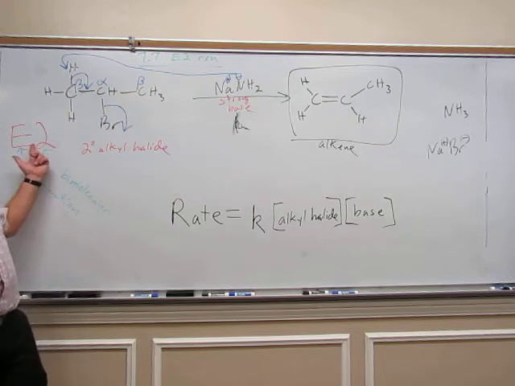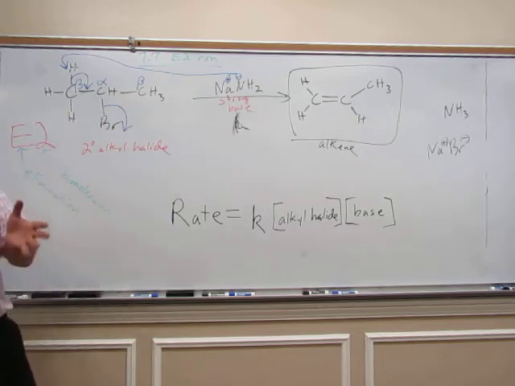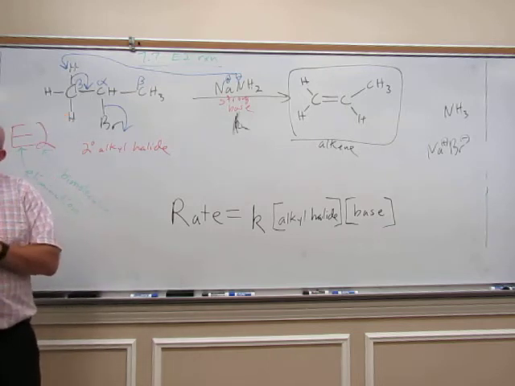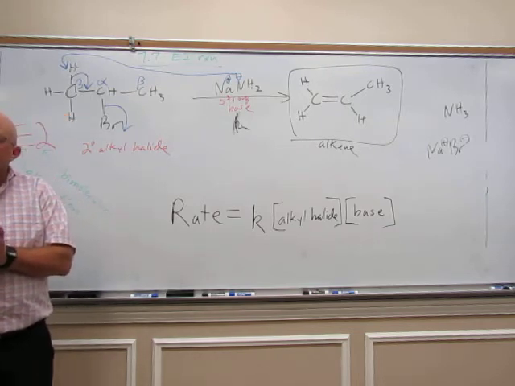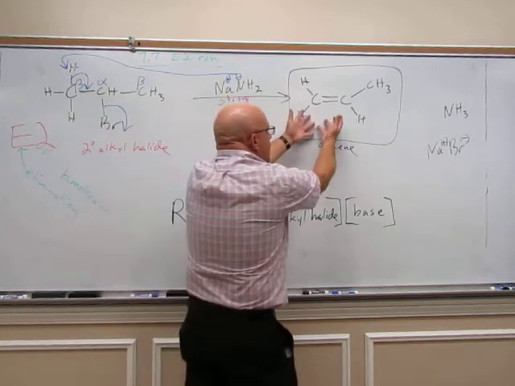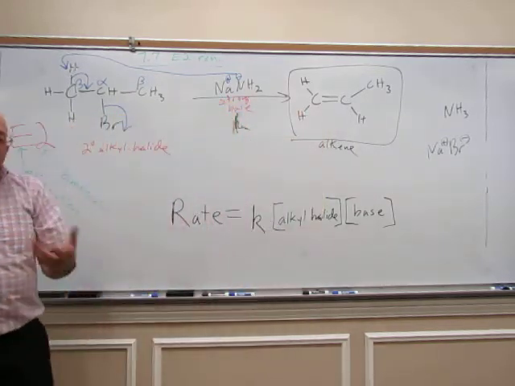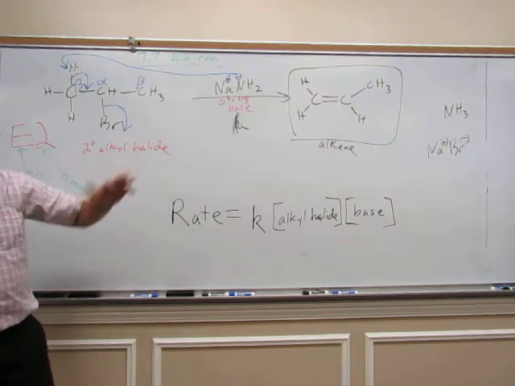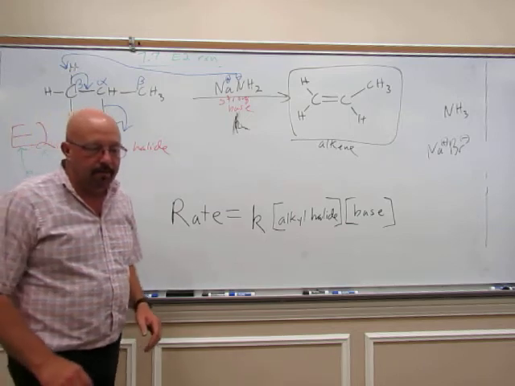The E2 is the major product, but you still get a little bit of SN2. So these reactions are always competing. Now on your next exam, or any of my exams, I only ask for the major product. This is the major product. You'll have some substitution that's a minor product. I said maybe 10%. But this is the major product, and that's all we're concerned about.